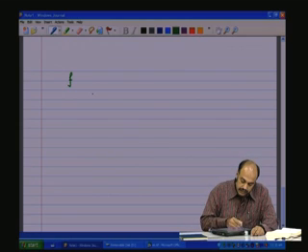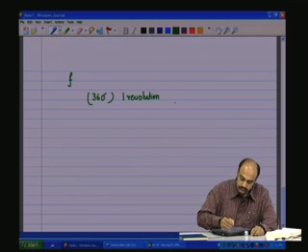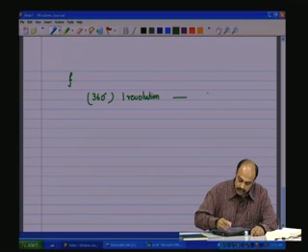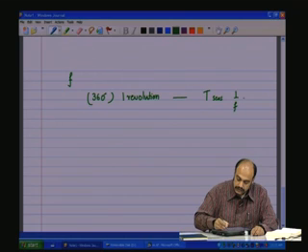So the dumbbell makes a full 360 degrees, or let us say 1 revolution, in t seconds, or 1 by f seconds.